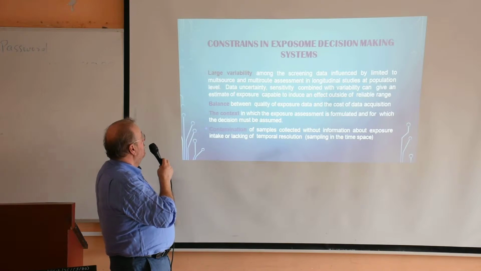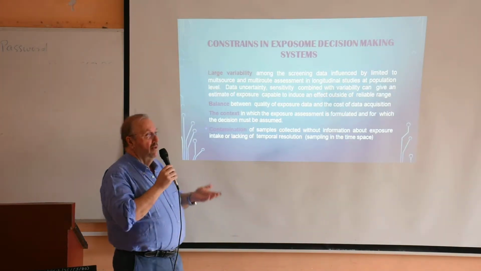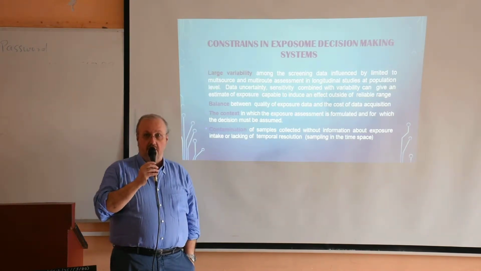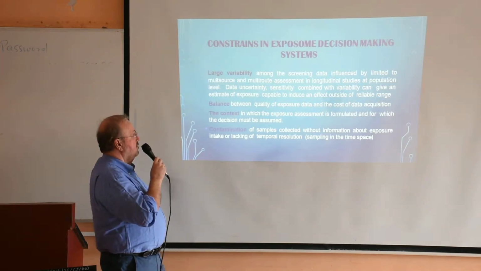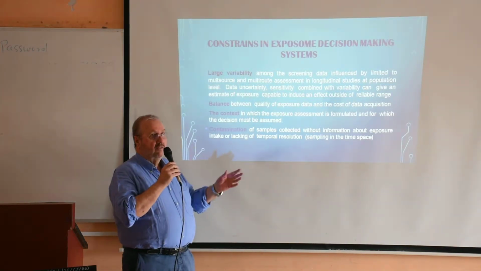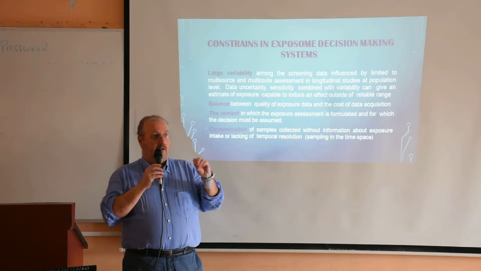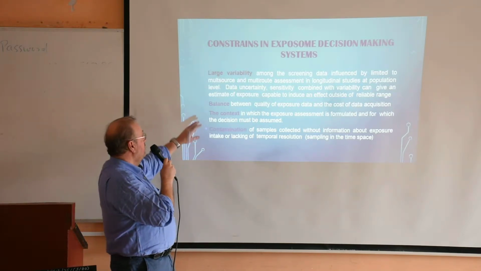Okay, large variability. This is the constraint of exposome decision making. The variability includes genetic variability, environmental variability, and so on, and the sensitivity of the method that you are applying to monitor and to analyze each element of the context.